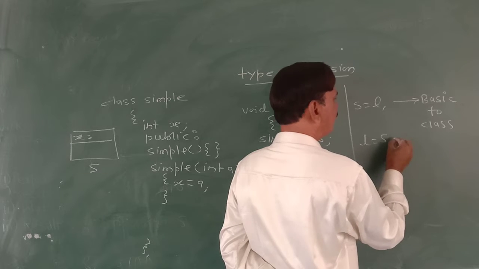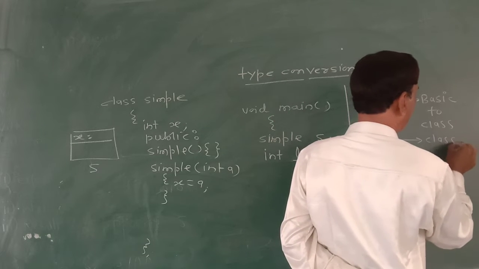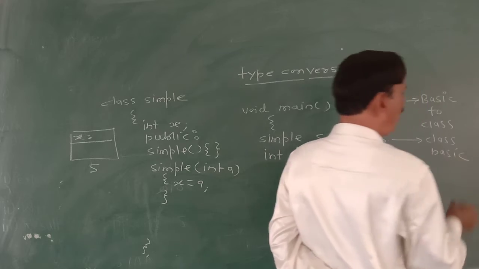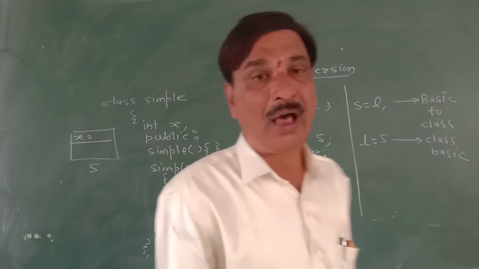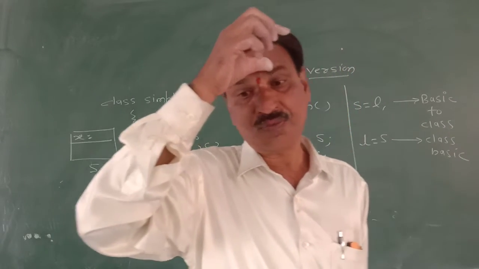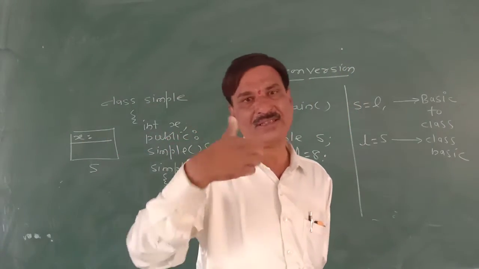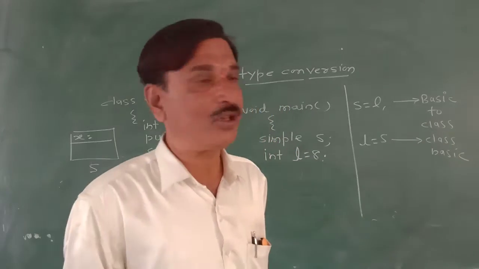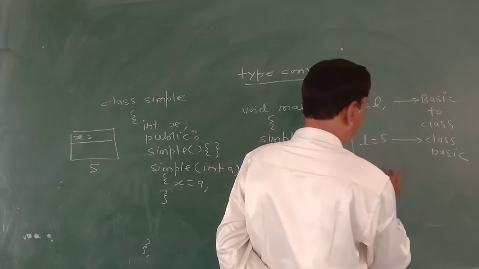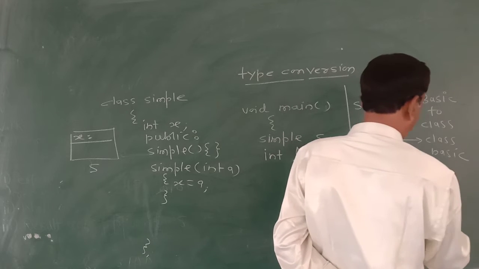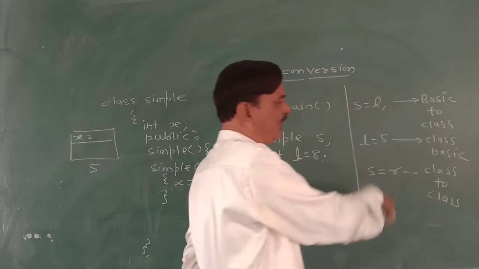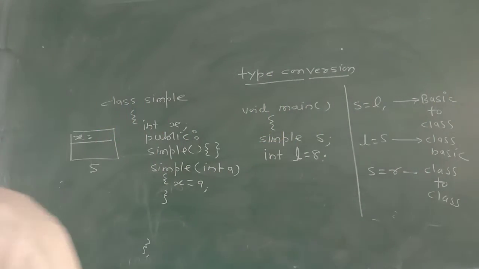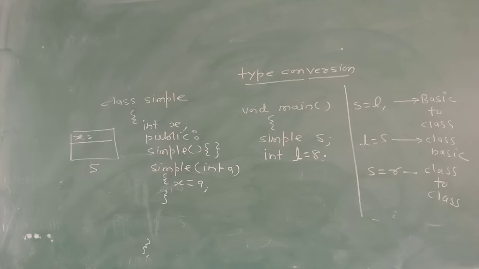L is equal to S is class to basic. And suppose there are two classes, one is simple, another is ratio. S is the object of class simple, and R is the object of class ratio. Then S is equal to R is class to class. So these are the three situations where we have to carry out the user-defined conversion.